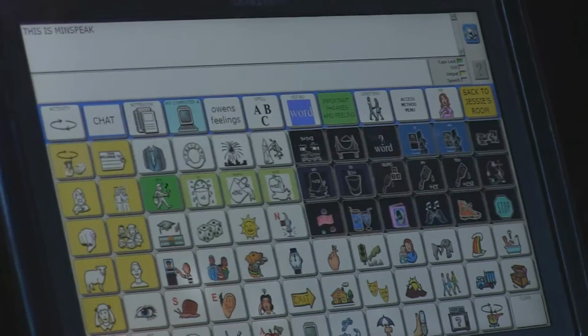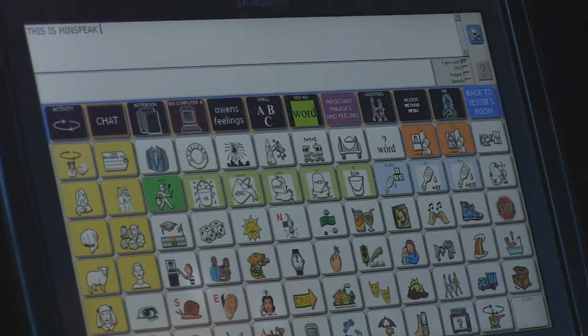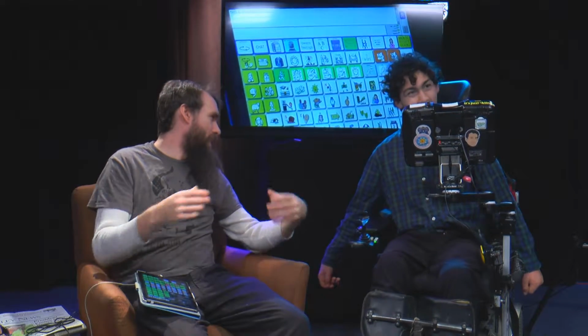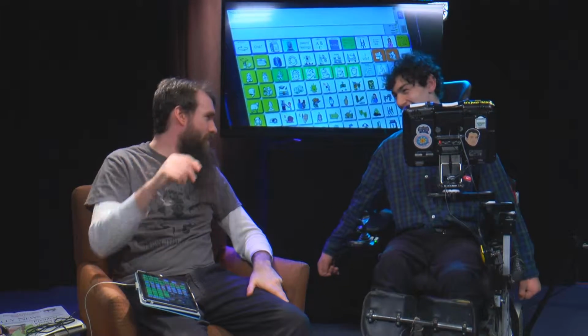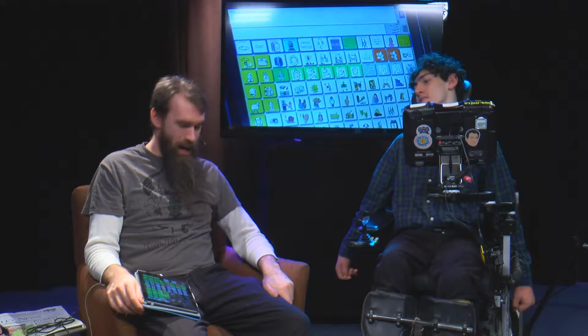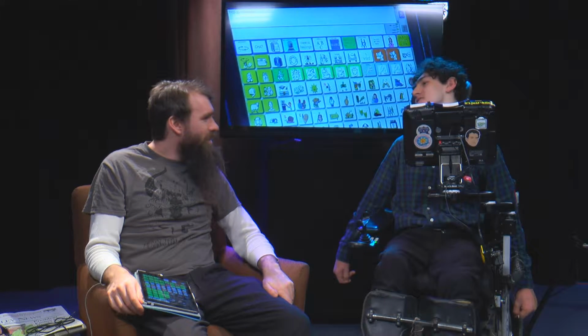This is Minspeak. I've never heard of that before. Is that what this sort of communication is called? Through pictures and stuff, is Minspeak? I never knew that. I think I've always referred to it as, what are the different words I've called it?